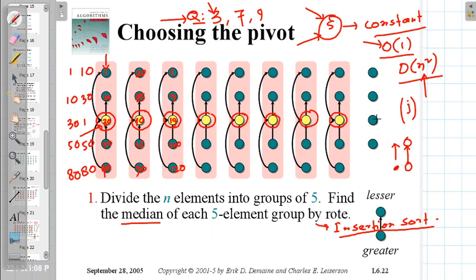See, if I am having, say, 1000 elements, can anybody tell how many groups we will be having? 1000 elements, how many groups? 200, yes.